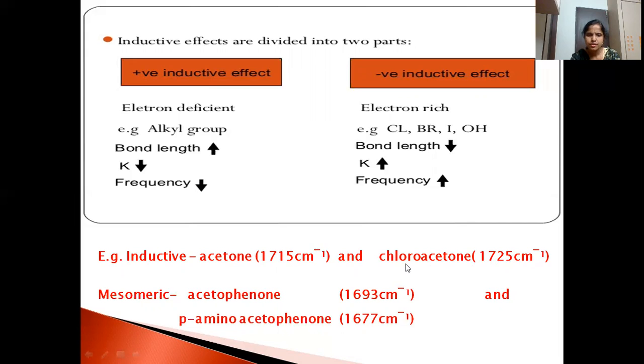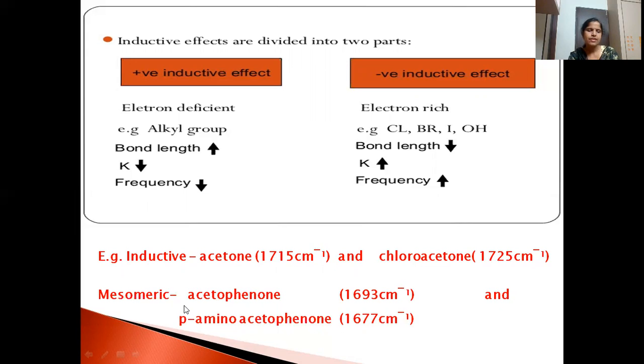This chlorine, when attached at the alpha position, is a minus I group, and it withdraws electrons from the C=O group. That means the C=O bond length will decrease. When the C=O bond length decreases, its force constant increases. As the force constant is directly proportional to the frequency, the frequency also increases.